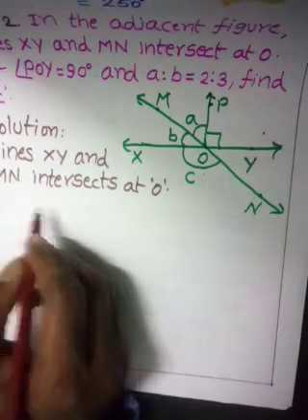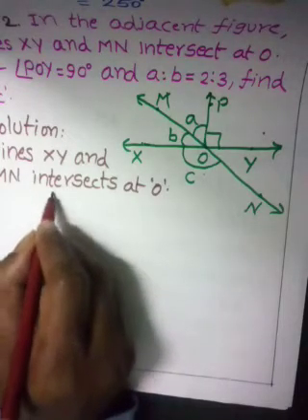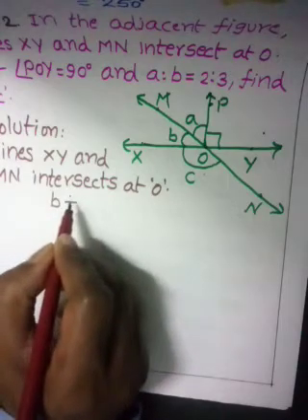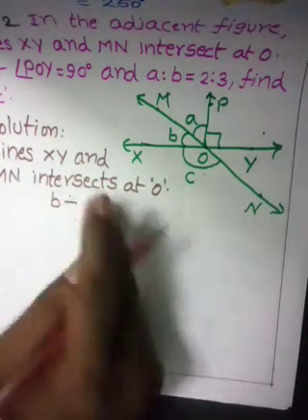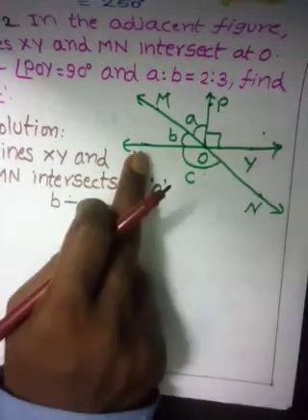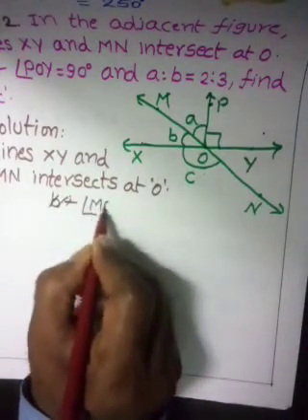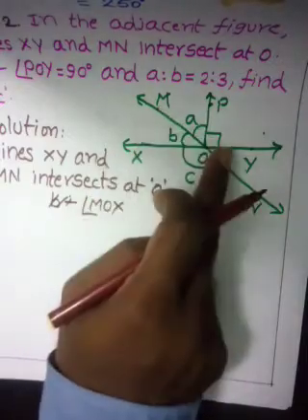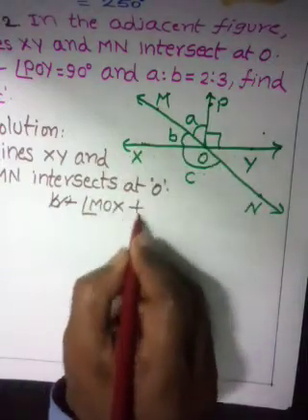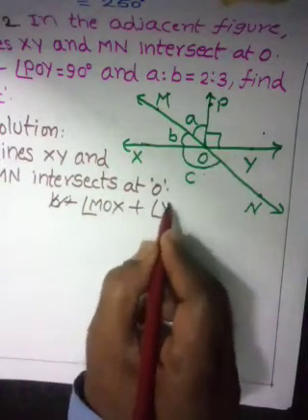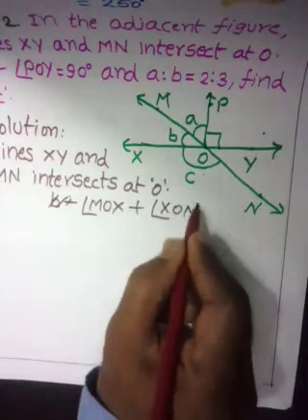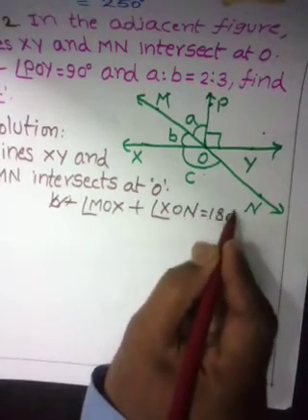Isn't it or not, my children? So, we can write B plus C. That means angle MOX plus angle XON is equal to 180 degrees.